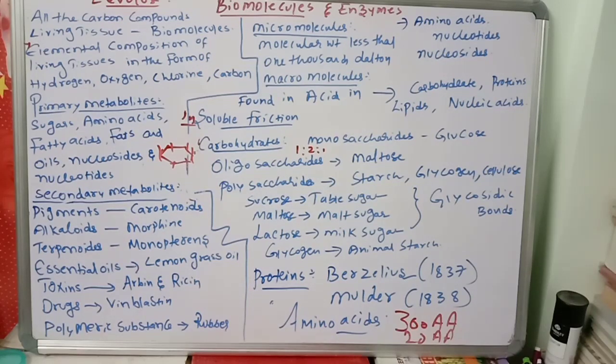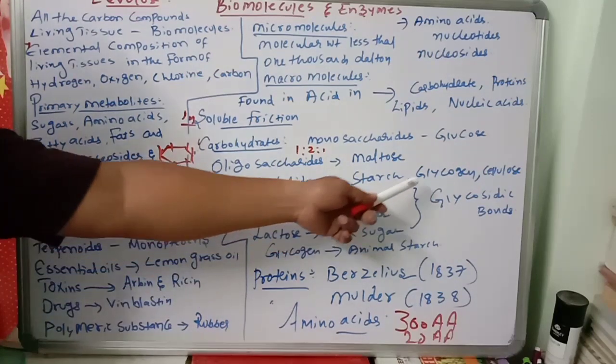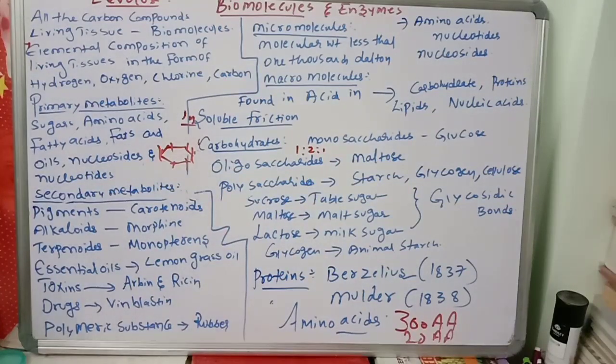Next, what is the animal starch? Or the animal body consists of which kind of starch? That is also important. The animal starch is nothing but glycogen. That is another need bit. Next, biomacromolecules.